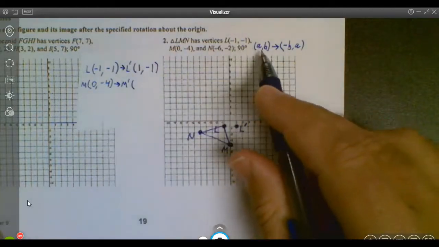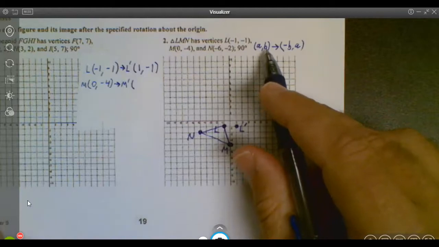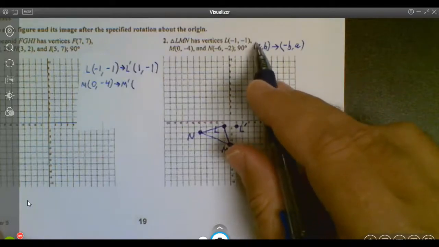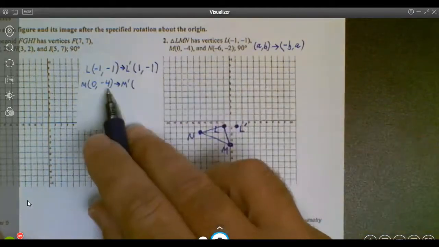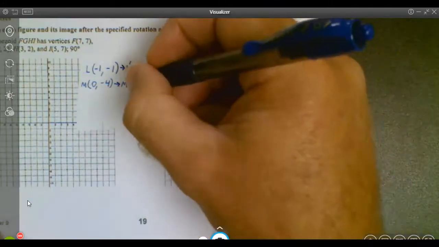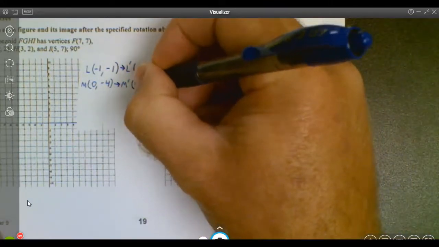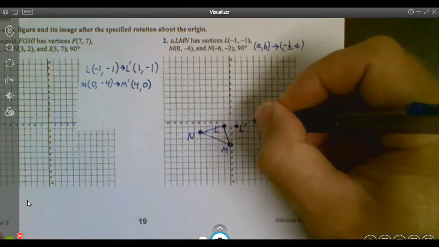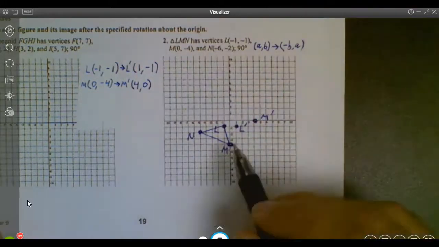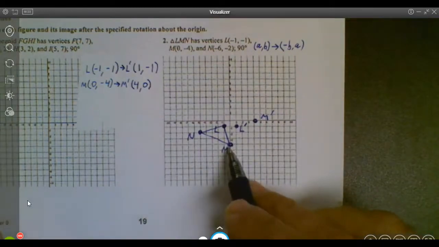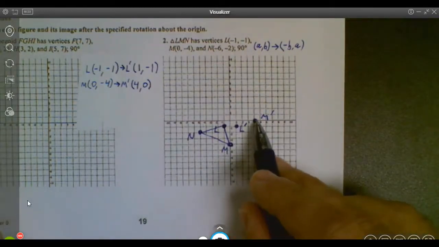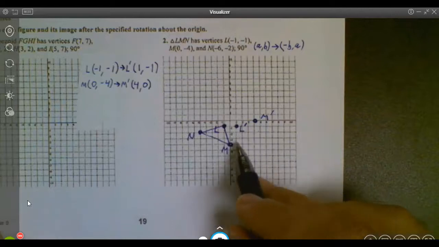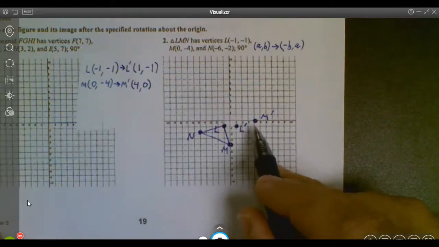But as that happens, the one that was my Y value, as it moves, is going to change signs. So that -4, as it moves, becomes +4. So M prime should be here. And you'll notice it moved a literal 90 degrees. It was here, now it's here. That is an exact 90-degree rotation.